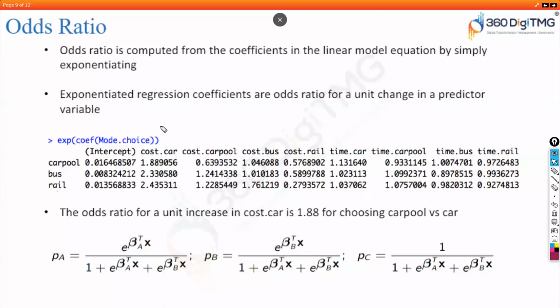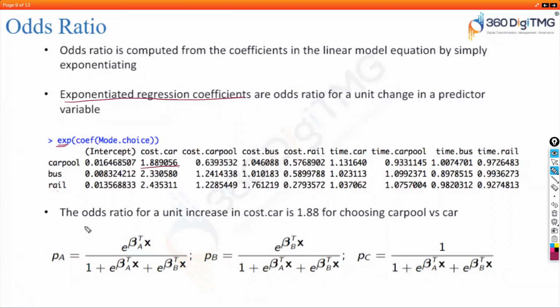And we also know for a fact that all these coefficient values are nothing but log values. When you want the actual coefficient values, you just take the exponential of that. You exponentiate regression coefficients, and then you get the output. Once you take the exponential, the interpretation varies.